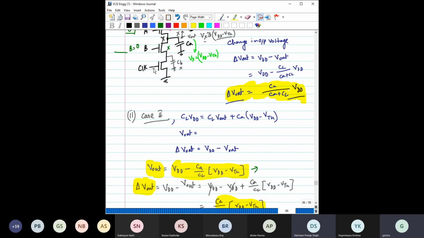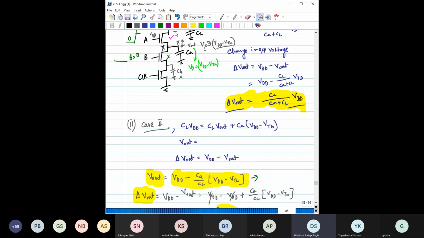let me ask you one thing. Can you comment for case 2? I don't have to write all these things, I can simply write: can you comment on the change in delta V out with respect to this threshold voltage?